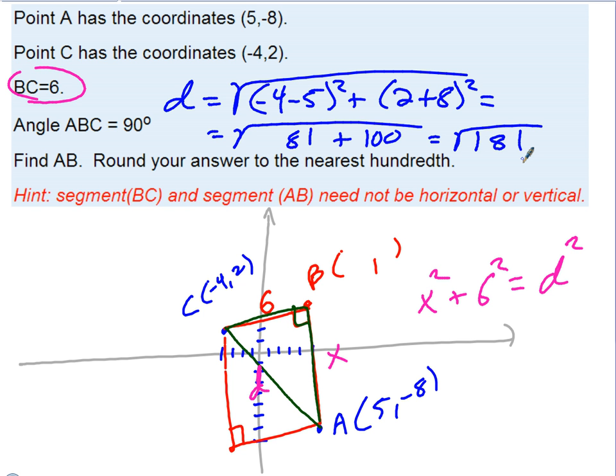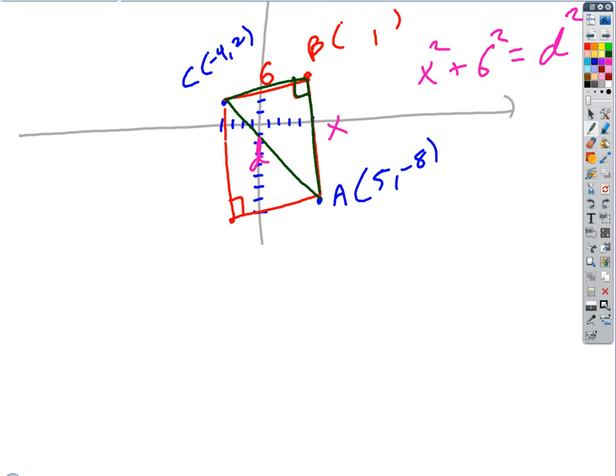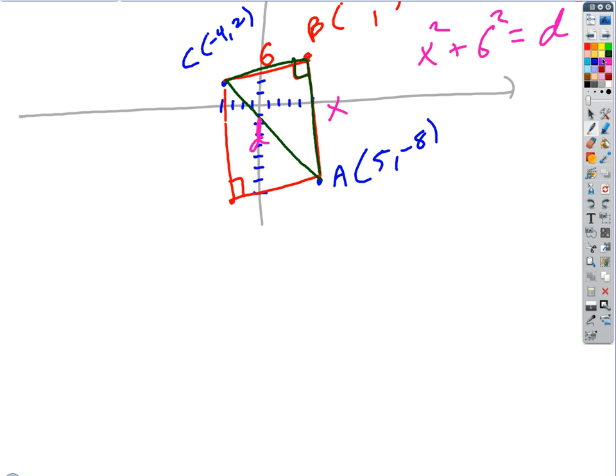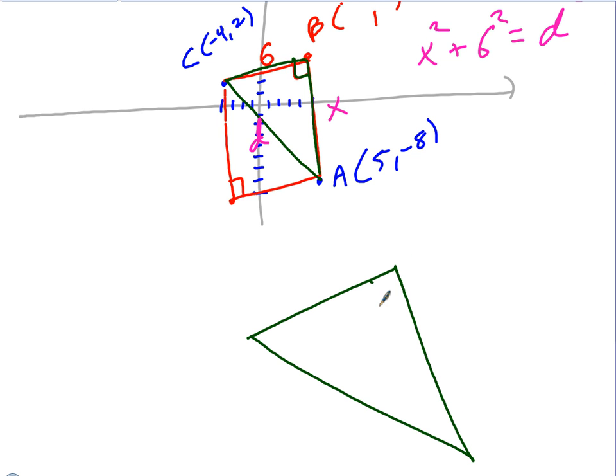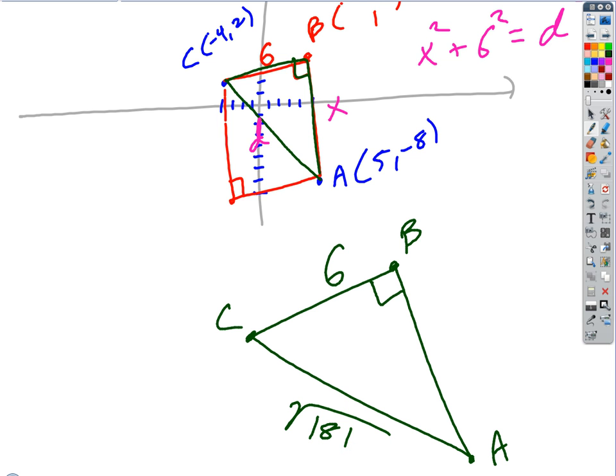Okay, so in our little triangle down here, maybe we ought to redraw this. In our little triangle we've got, this is point C, this is point A, and this is point B. We said that was 6. That's the square root of 181, and this is x, right?